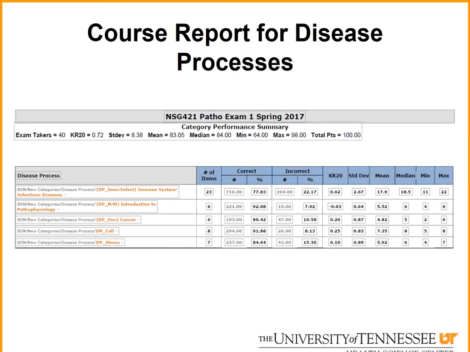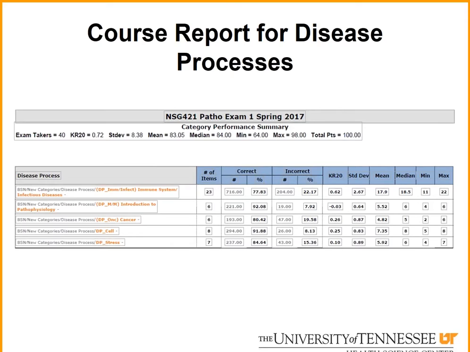But you can see where I coded this to disease processes. The ones tested on this exam were the immune system or infectious diseases, the introduction to pathophysiology, oncology or cancer, cellular adaptation, which is DP_cell, and stress.